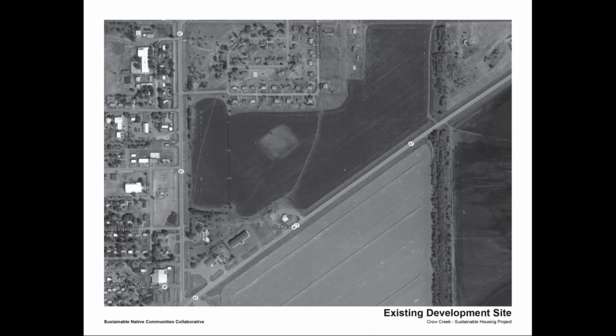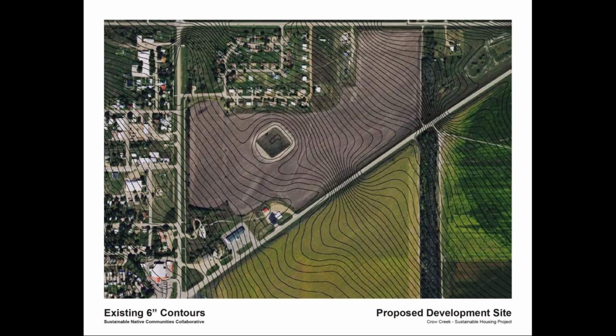So as an overview, we're developing a site, which is this blank site in the middle context here. The program called for a 60-unit housing development just south of the current Crow Creek housing site. And so the idea was, how do we design something that is particular to this site?